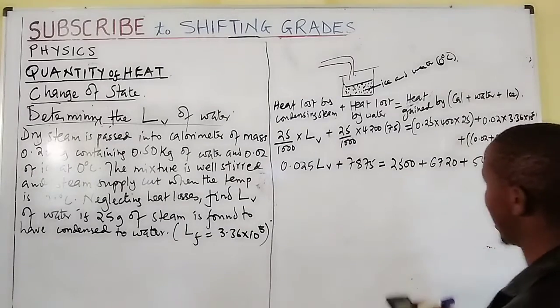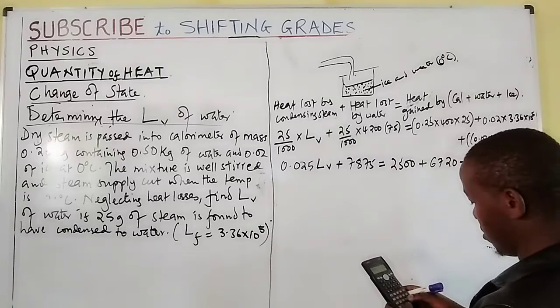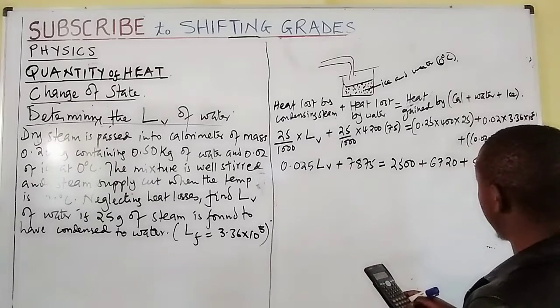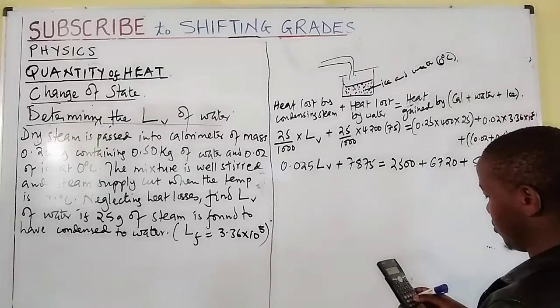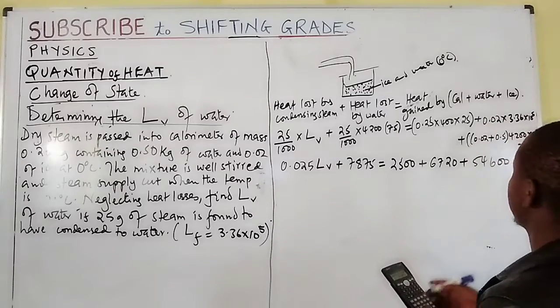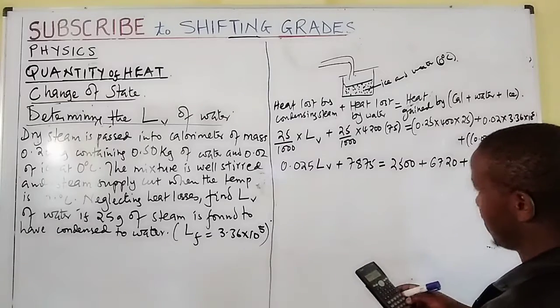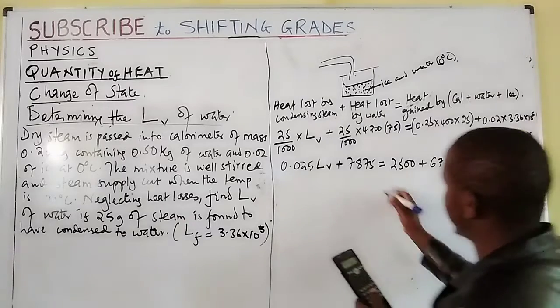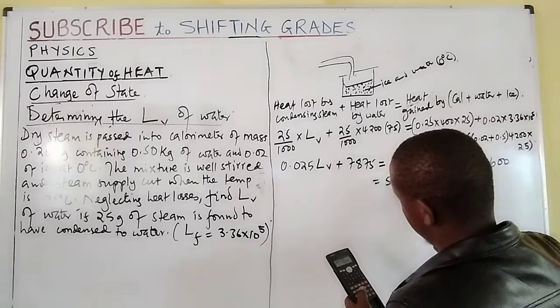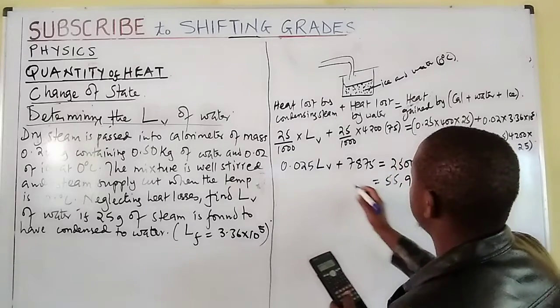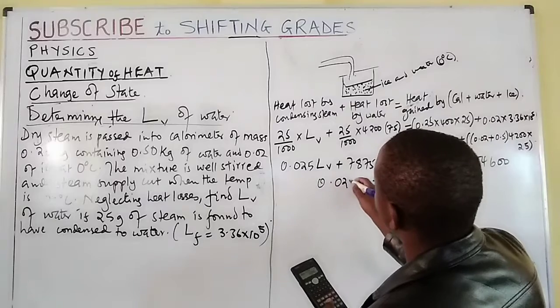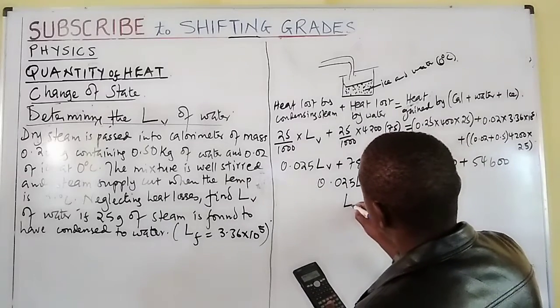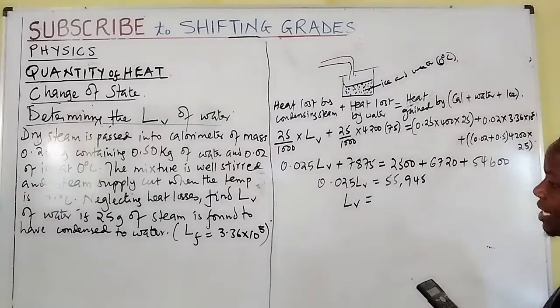Therefore, we can add up 2500 plus 6720 plus 54,600. This gives us 63,820. Then we subtract this one, 7875, and we get 55,945, which is equal to 0.025 times the latent heat of vaporization of water.